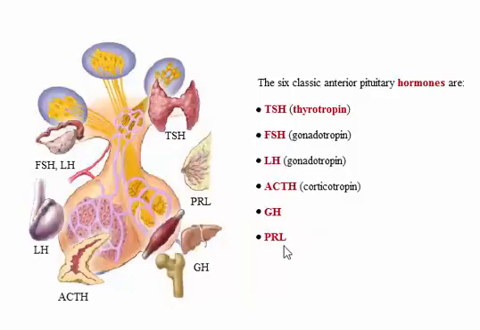These are considered the classic anterior pituitary hormones because their structures and physiological functions in humans are well understood.